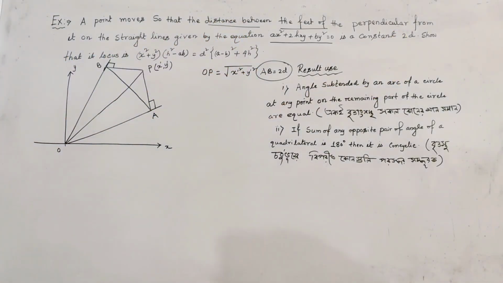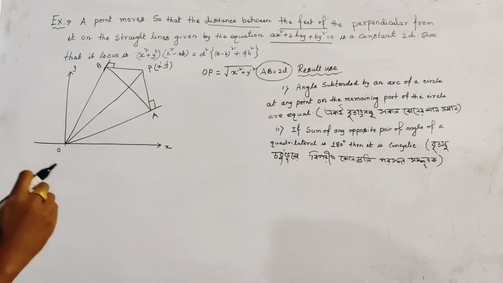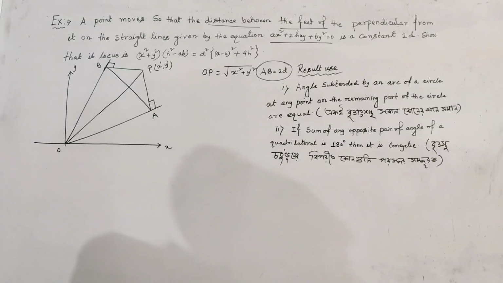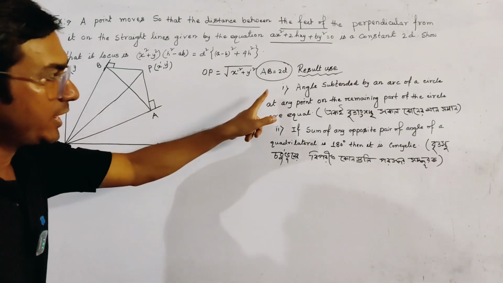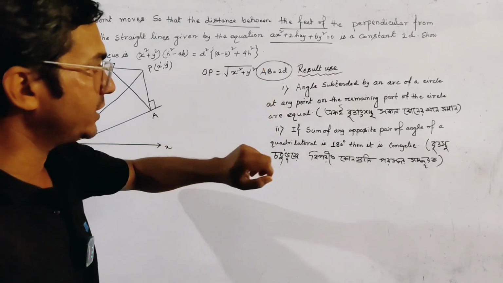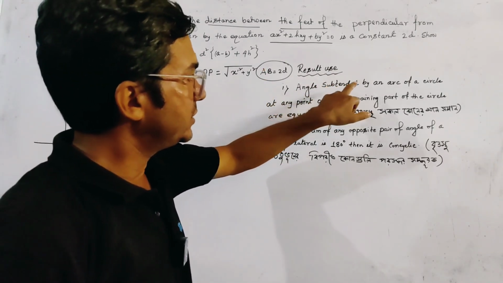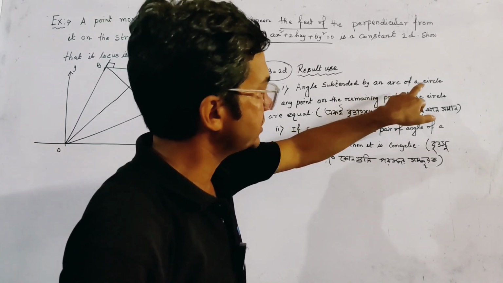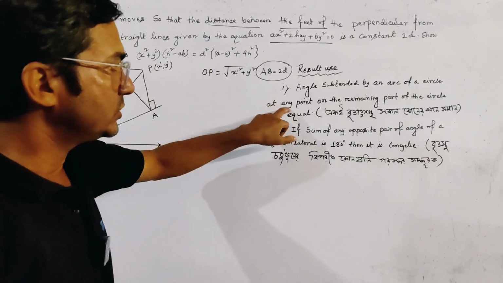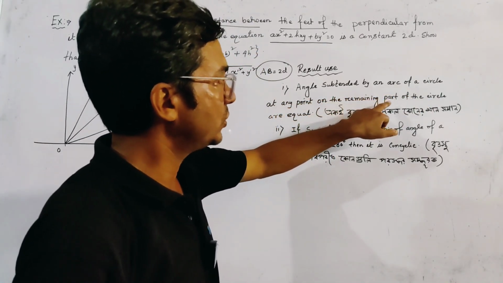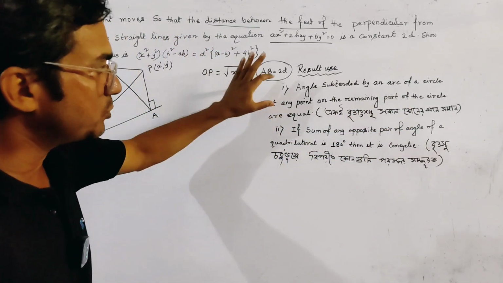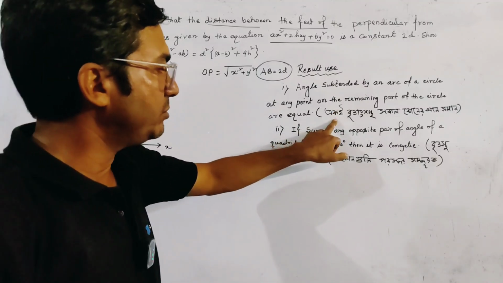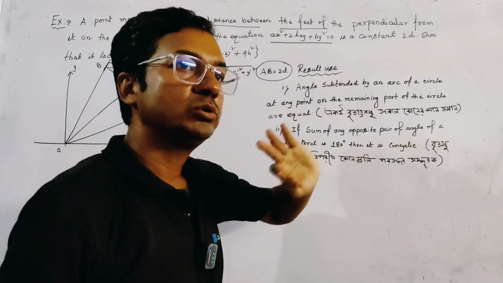Now we use two important properties of geometry. The first property is: angles subtended by an arc of a circle at any point on the remaining part of the circle are equal. In Bengali this property is said as একই বৃত্তাংশস্থ সকল কোণের মান সমান.